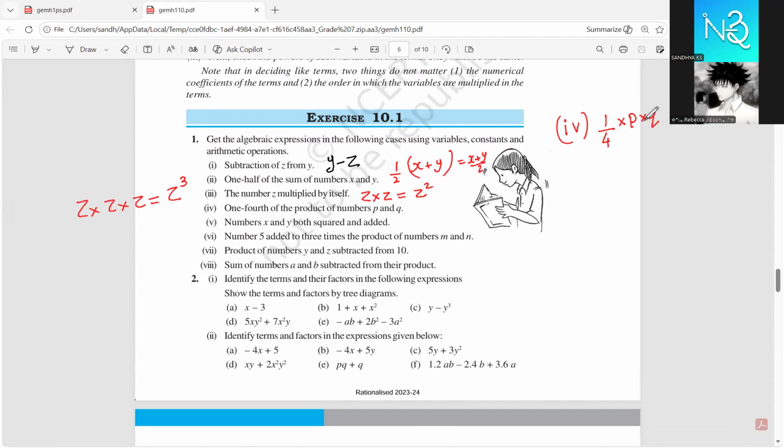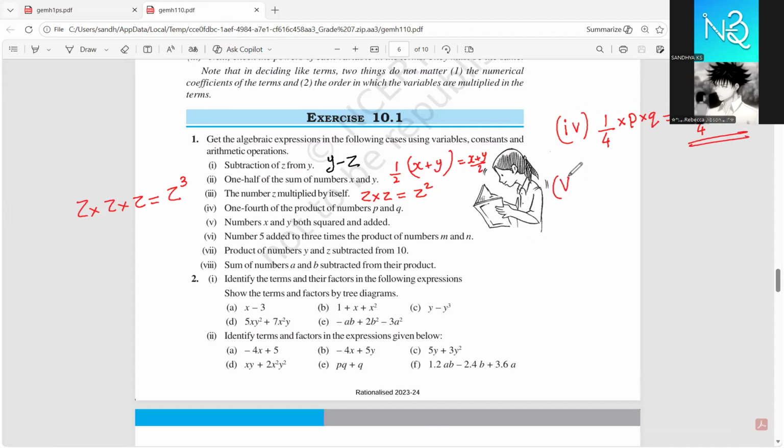P into q, as I told you in that class, if we are multiplying two variables, we can write them together. PQ, like that we can write. So PQ into 1 by 4. So you can write 1 by 4 PQ.